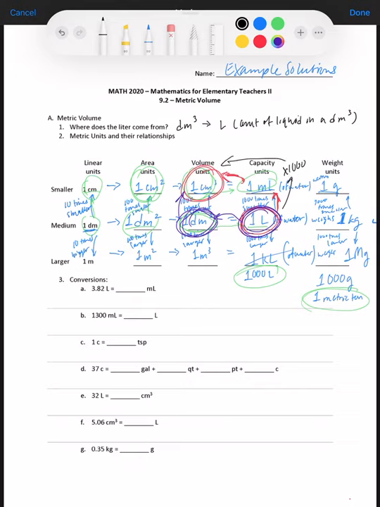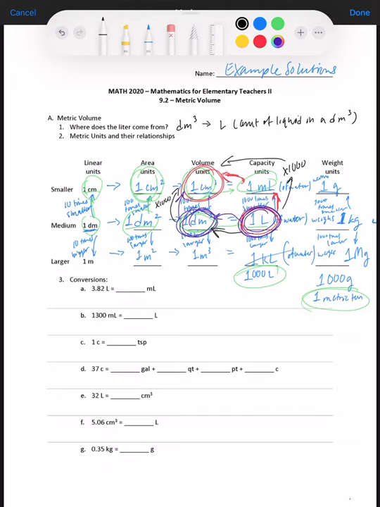If we go from liters through decimeters cubed, that's the equal relationship, and then up to centimeters cubed by multiplying by 1,000.